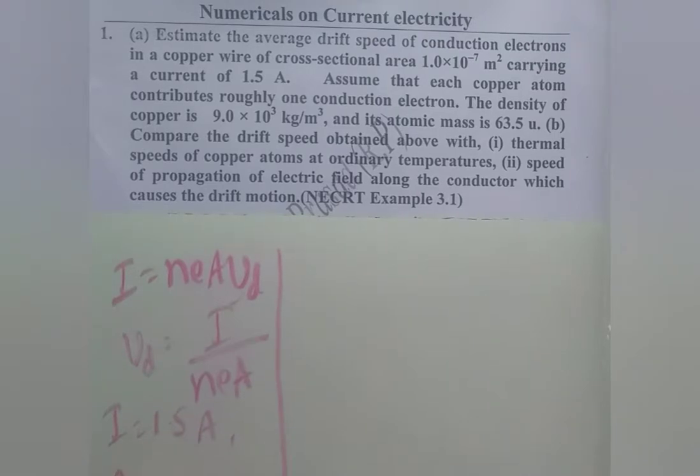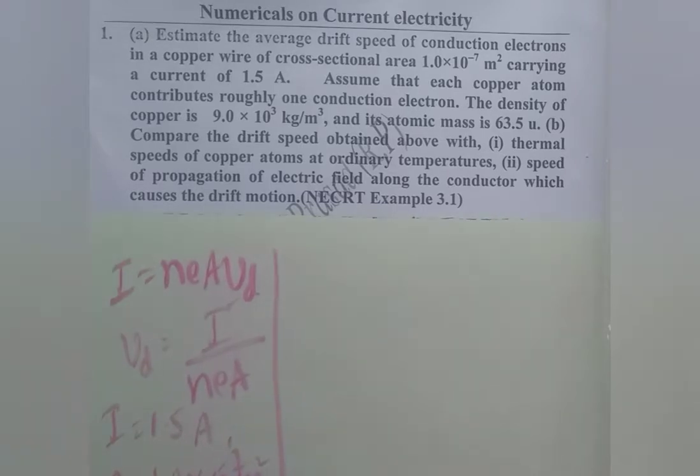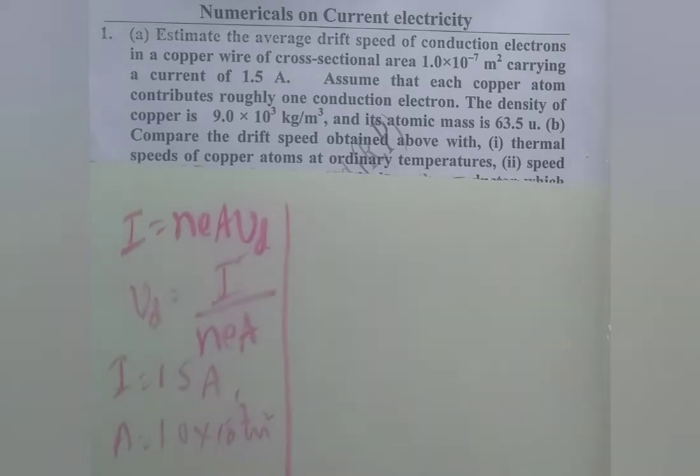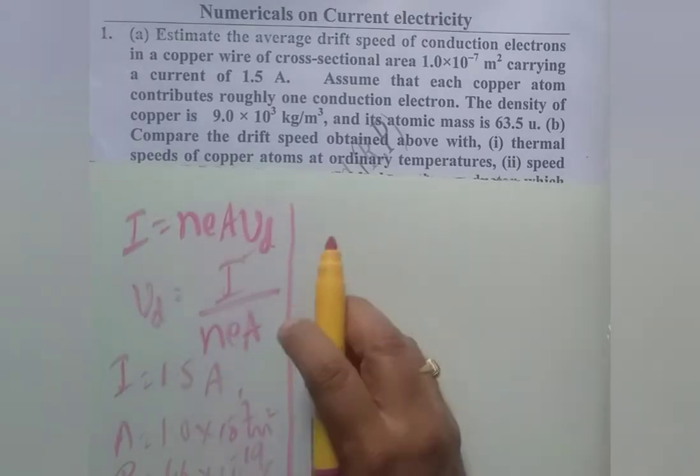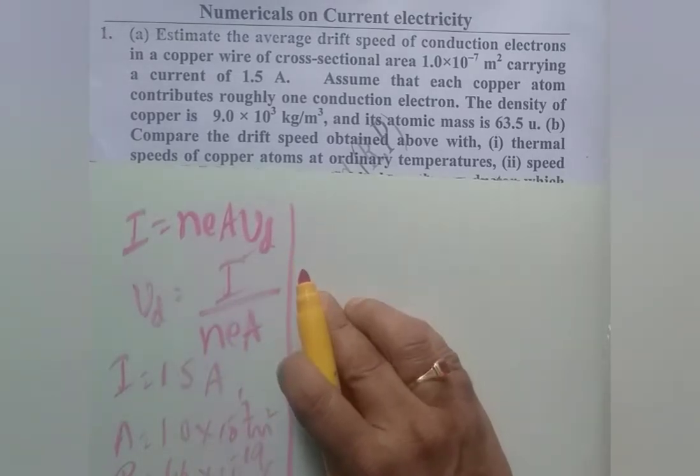Area is given to be 1.0 into 10 raised to minus 7 meter square. And then the E we know, the charge on electron, 1.6 into 10 raised to minus 19 coulomb. We have to calculate N. N means number of free electrons per unit volume.